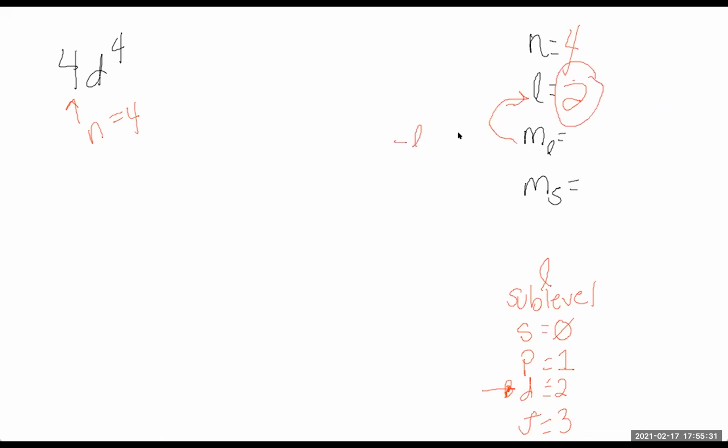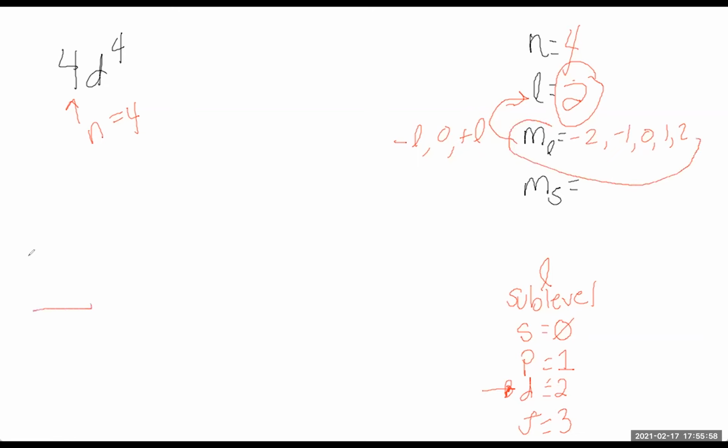Remember, from negative L to positive L. So in this case, you have a 2, meaning that your range is going to be from negative 2 to positive 2. So negative 2, negative 1, 0, 1, 2. And then our M of S, we don't know. We're not going to find out until we actually draw it out. So here we know that we have our M sub of L from negative 2 to 2.